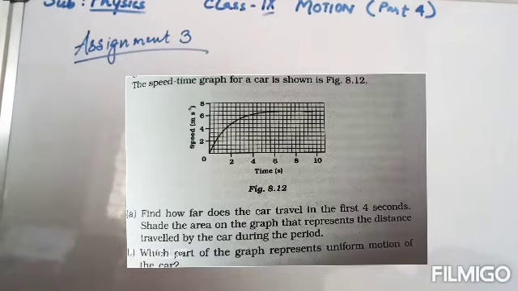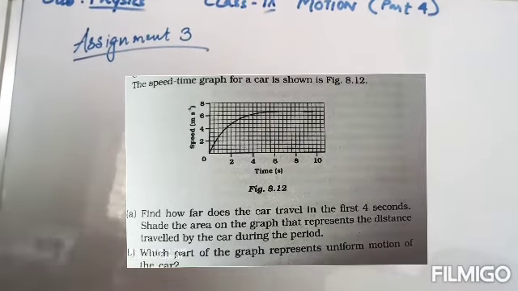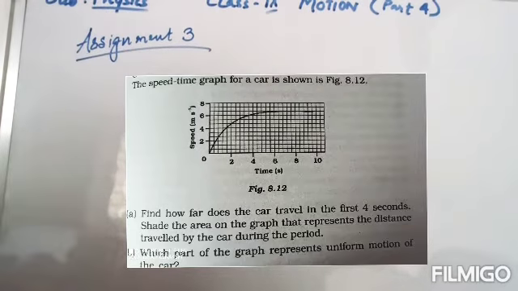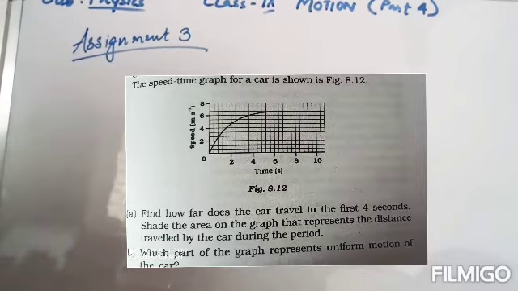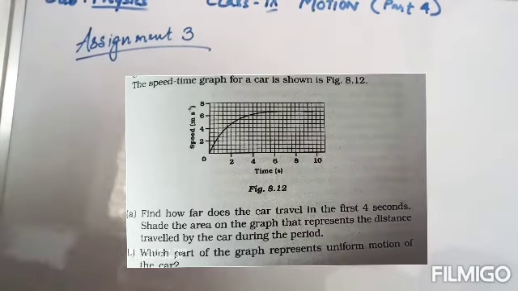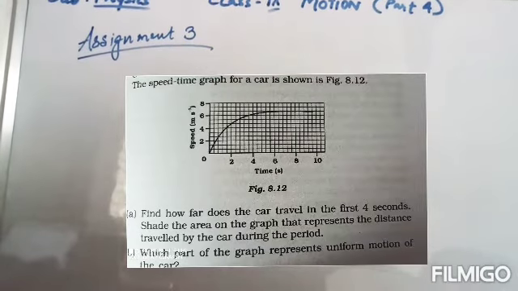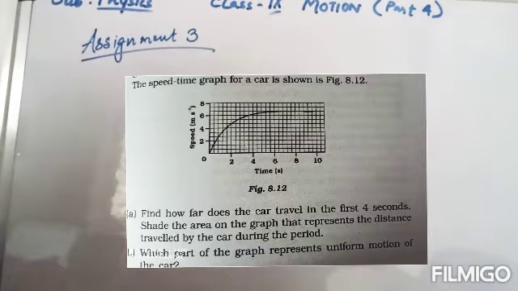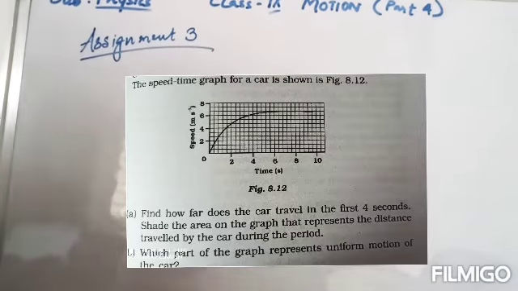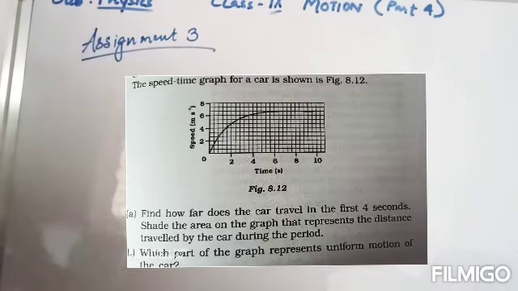How far means you have to find the distance. For the 4 seconds, you will find 4 seconds on the graph. How much speed is there adjoining? You will just go straight up and find the value of speed at the point where the graph intersects.